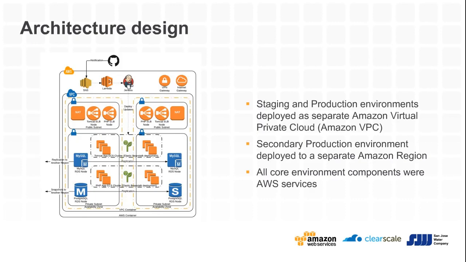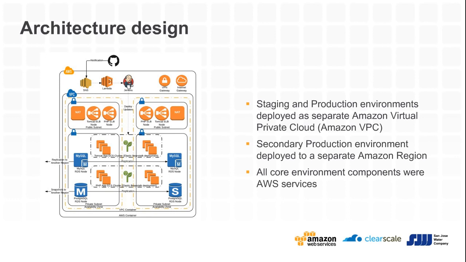Just real briefly, the architecture design, right? We took advantage of AWS. We created multiple availability zones. We have services redundant in both zones. Taking advantage of RDS, we're taking advantage of Elastic Beanstalk to manage these applications, and of course Elastic Load Balancing for the applications across the two zones.